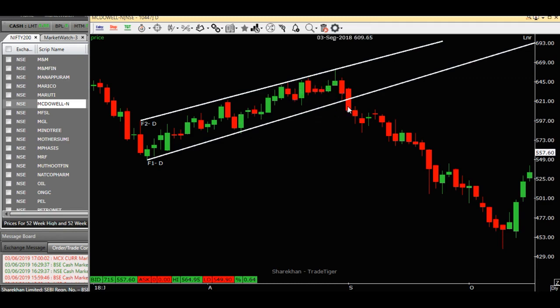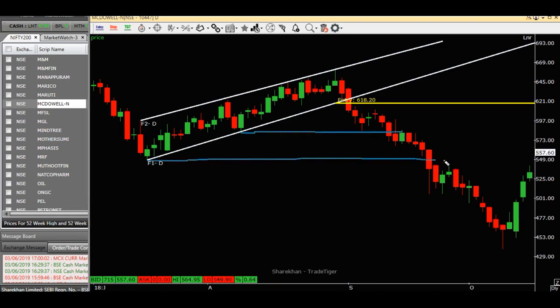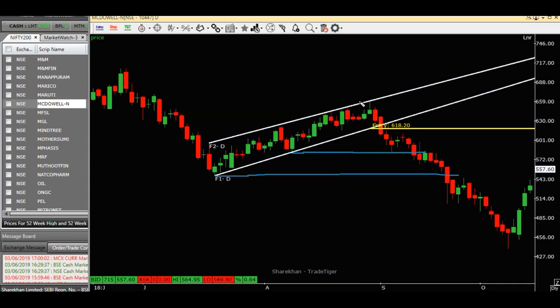And the moment it broke out here, we would enter on the breakout, okay, with the first swing low as my first target and the second swing low as my final target, right? Which in this case, both targets achieve. So you can play it internally or you can play the breakout, right? So channels offer both opportunities in this case.